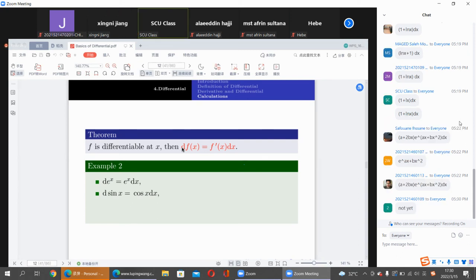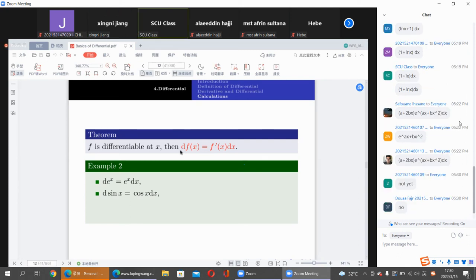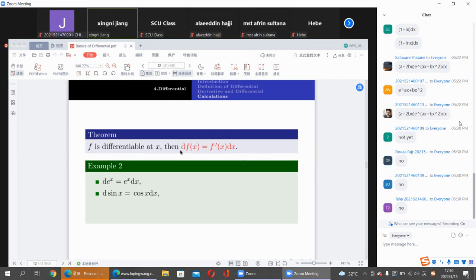Next week we're going to talk about L'Hospital's rule. We just give you some useful techniques for the calculations. And we also need to learn the monotonicity and the extreme values of some functions. And then we finally go to integrals.